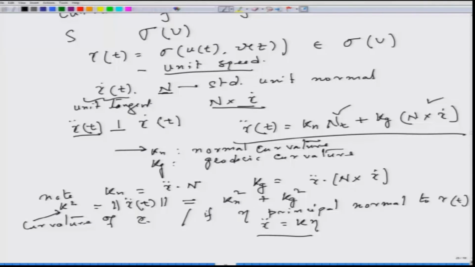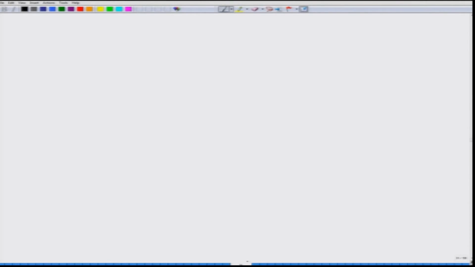So this will give k_n: the normal curvature equals k eta dot n, where eta is the principal normal and n is the standard unit normal, so this is k cos phi.